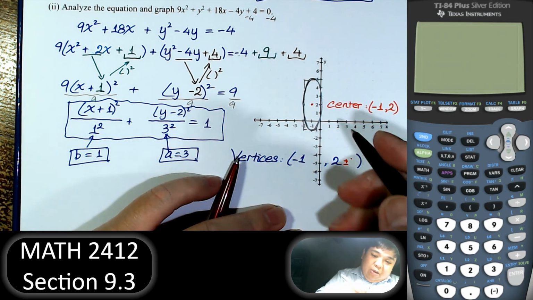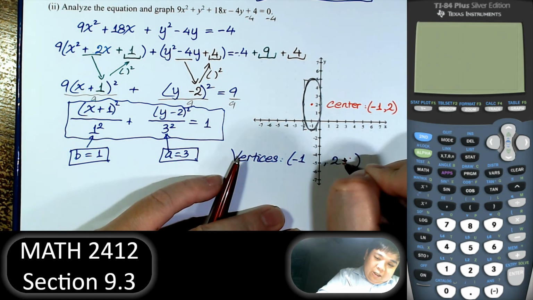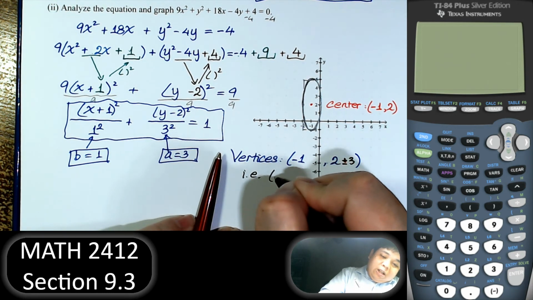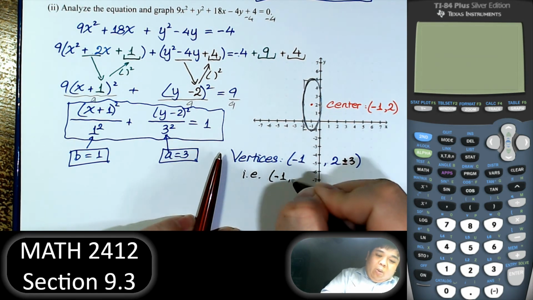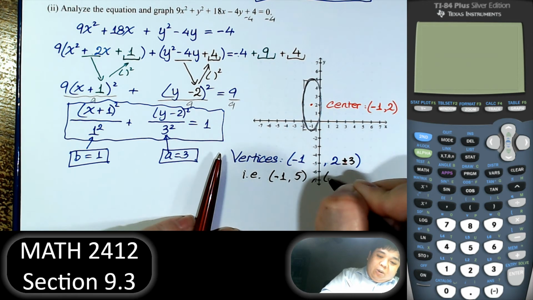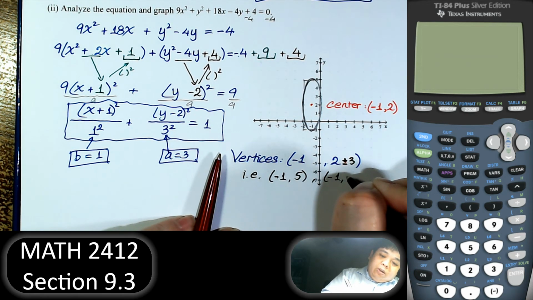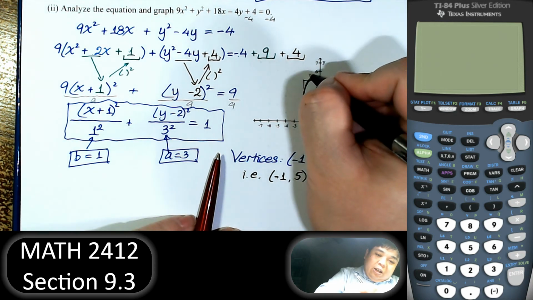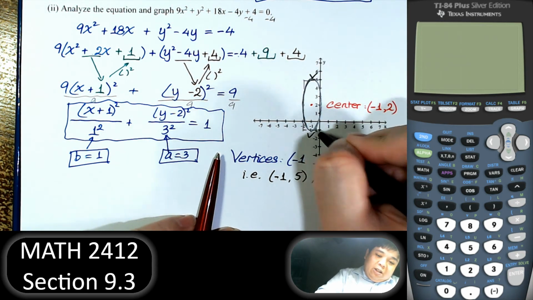So just plus or minus 3. So the vertices, the coordinates are x equal to -1, y equal to 5, and x equal to -1, y equal to -1. So those are 2 vertices.